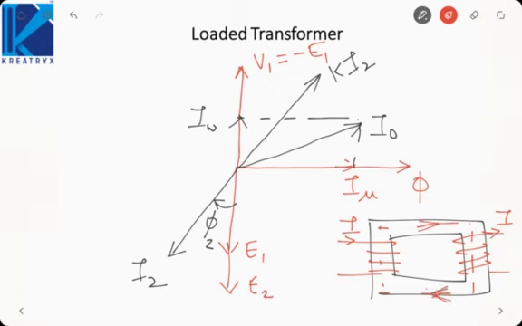Okay, it will be clockwise. And current due to this winding will be anti-clockwise. It will be upward. So here if you see, both the fluxes are opposing each other. In this limb, first flux is like this, other is like this. One is clockwise, other is anti-clockwise. That means the fluxes are opposing each other, though the currents may be in same phase.